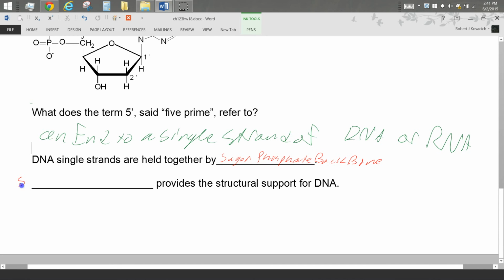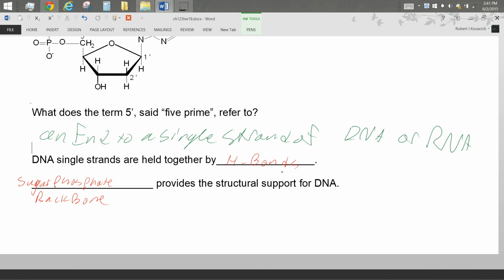Could we also call that a phosphoester? Sure. Holding them together are the hydrogen bonds between the adjoining A's and T's and C's and G's. So it's not the end like this bond?